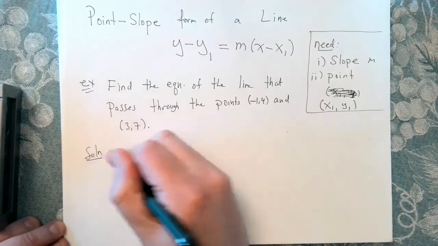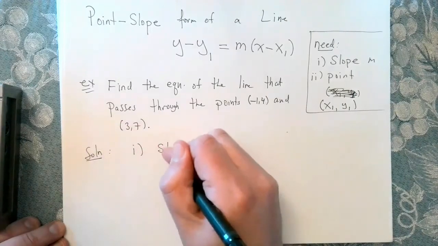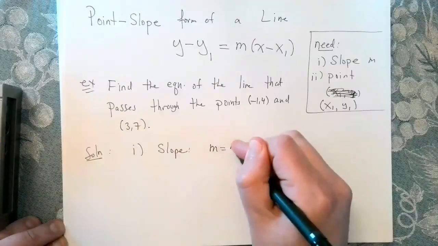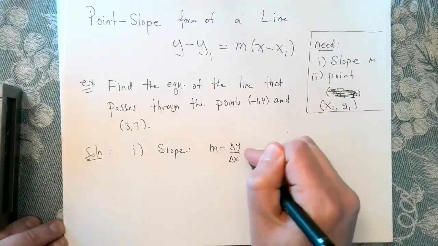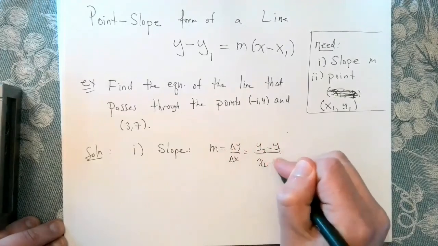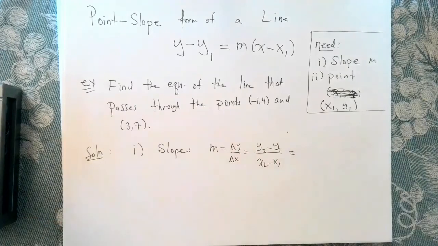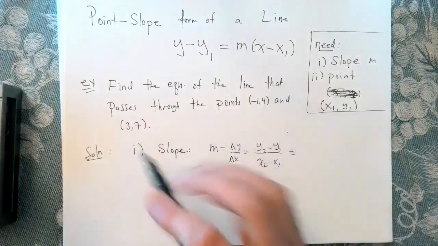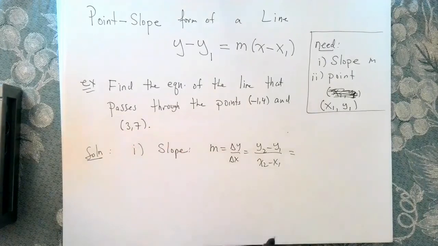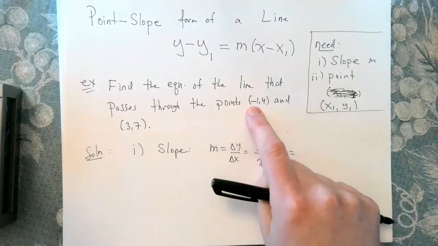So the first thing I typically do is I find the slope. That's just given by the slope formula. So we know that the slope is equal to the change in y's over the change in x's. But that's exactly y2 minus y1 over x2 minus x1. And so I'm just going to consider this to be x2, y2, just because it's my second point. I'll consider that to be x1, y1.